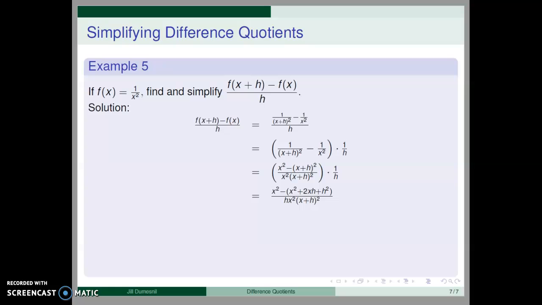We know that x plus h squared is x squared plus 2xh plus h squared. When we distribute the minus sign, the x squared terms add out, and now we can factor and cancel. We factor a negative 8h out of the numerator and cancel the factor of h on top and on bottom.